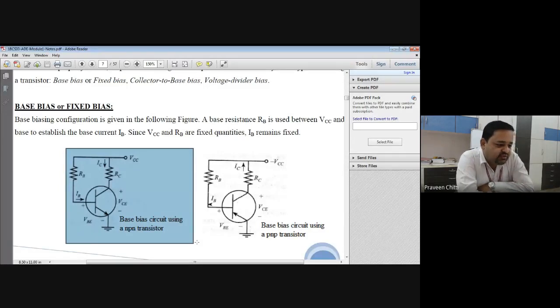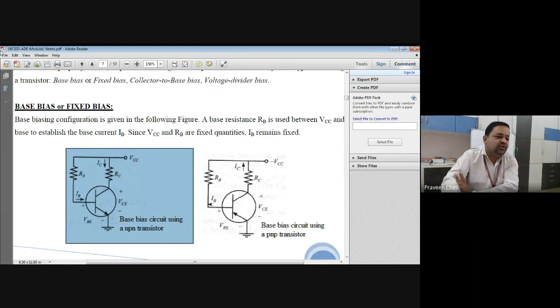You can see here what we have used in this circuit. We have a transistor, with its three terminals, which I have already told you about. In addition to that, we have the collector load RC, and to this collector load RC, we have connected the supply voltage VCC or plus VCC. Now, how does this circuit provide biasing?